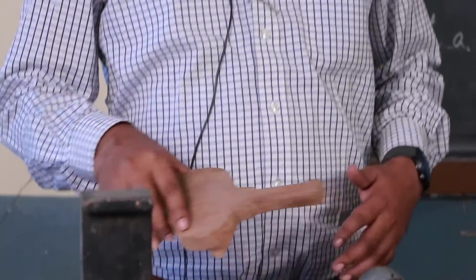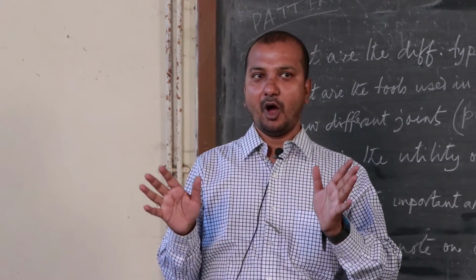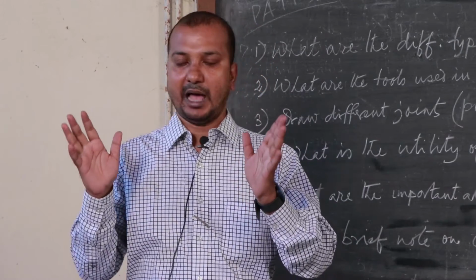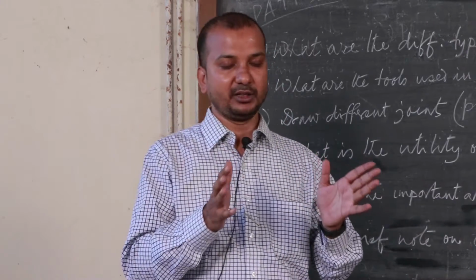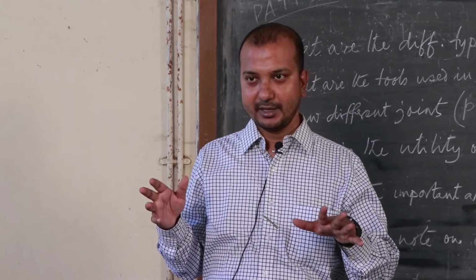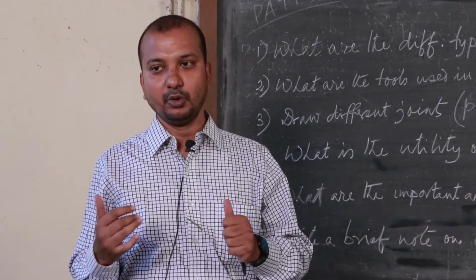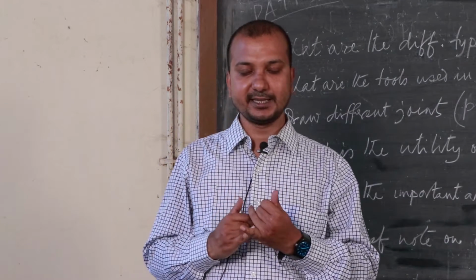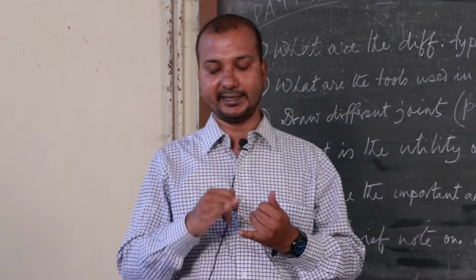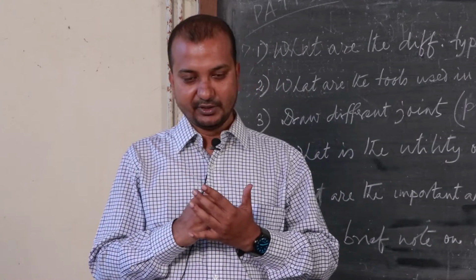So, the summary of the allowances that are put on the pattern is that while making the pattern, we will have to keep in mind that there are a few allowances like shrinkage allowances, machining allowances, distortion allowances, and shake allowances.